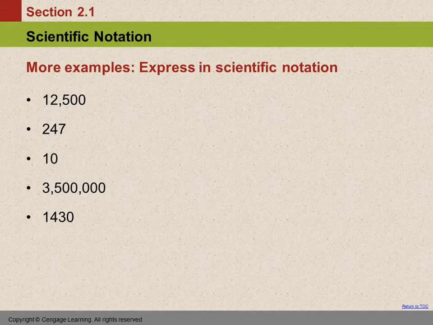More examples. Let's express these in scientific notation. So you try to do this on your notes. I'll give you a minute. For the 12,500, do that one first.